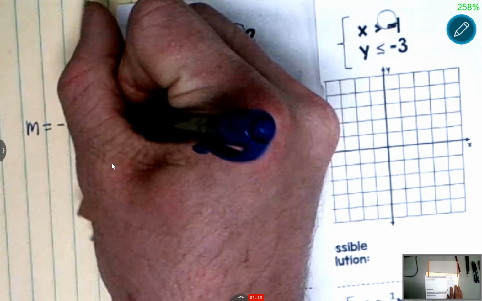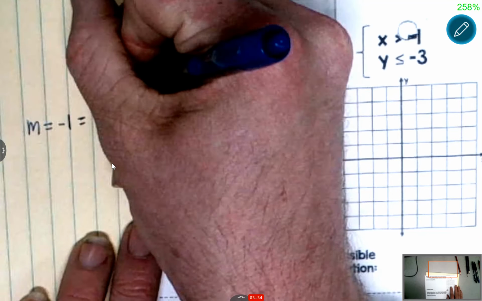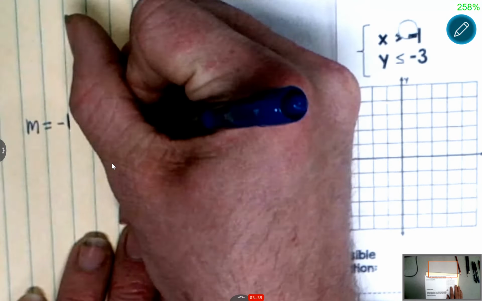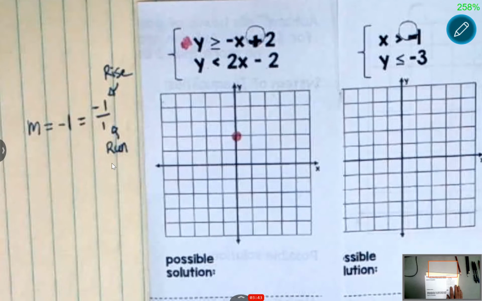So if I write my slope as negative 1 over 1, what does that highlight for me, Sam? Down 1 and right 1 is what I'm looking for, because the top number is my rise, the bottom number is my run, and that's why we like to write our slopes as fractions, because it helps highlight how to move my points across the grid.